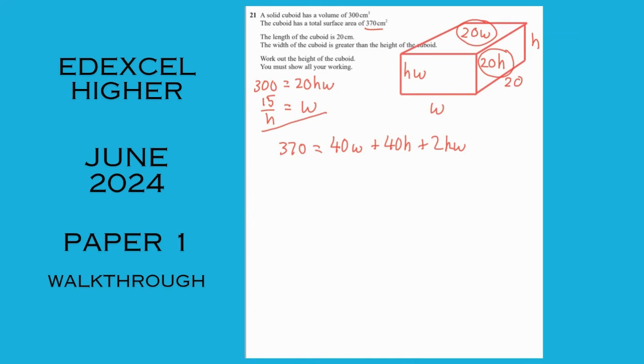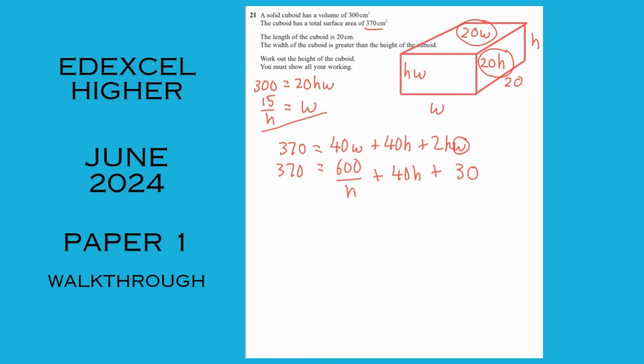Let's rewrite that equation, but as we go, let's sub in, let's replace the W with 15 over H. So firstly, 40 lots of 15 is 600 over H. Nothing to change on the second term. There's no W. On the third term, the W gets replaced with 15 over H. H's cancel, leaving us with 30. Going to do lots of steps of algebra in one. The next one, going to minus 30 from both sides, get that sorted.